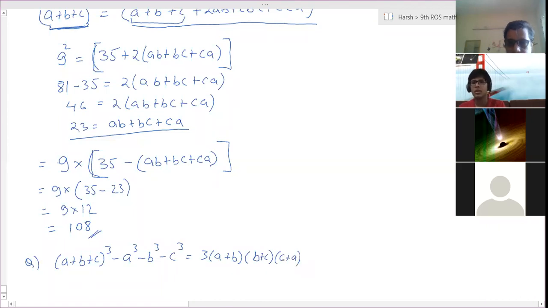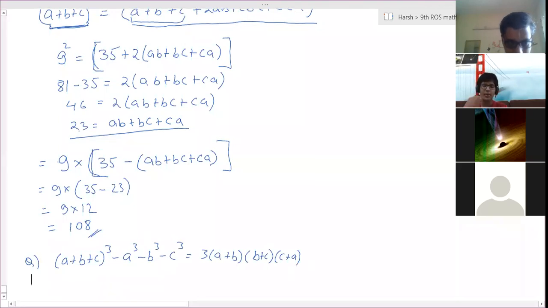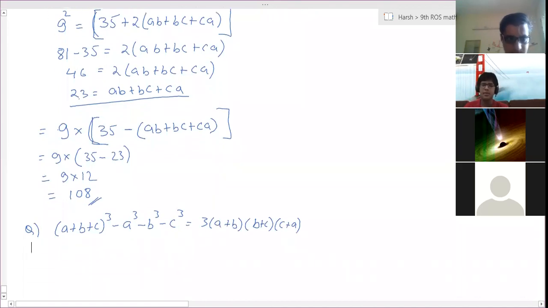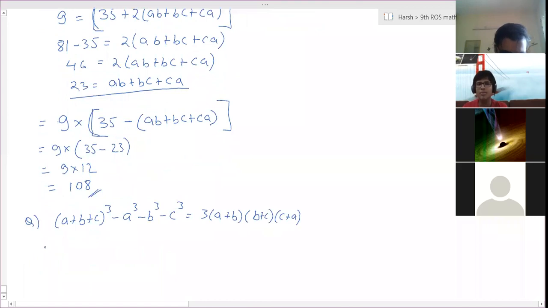Yes, sir. First we have to write the LHS separately: (a+b+c) whole cube minus a cube minus b cube minus c cube.